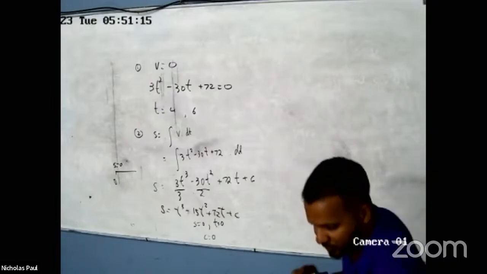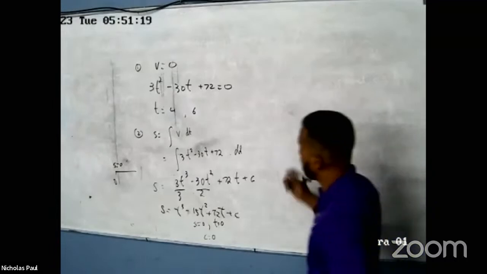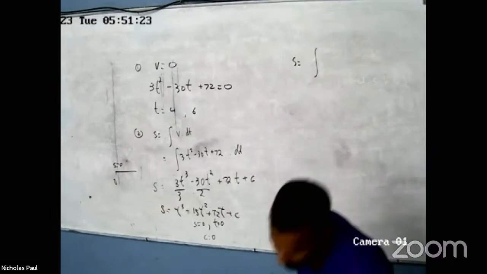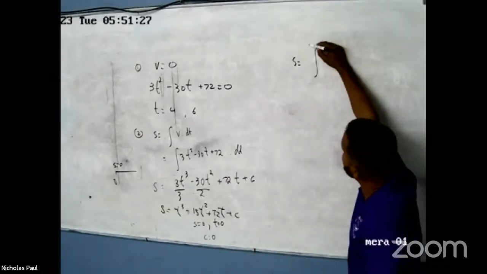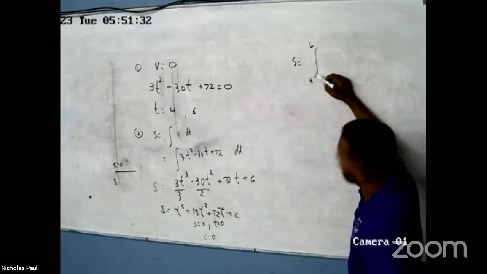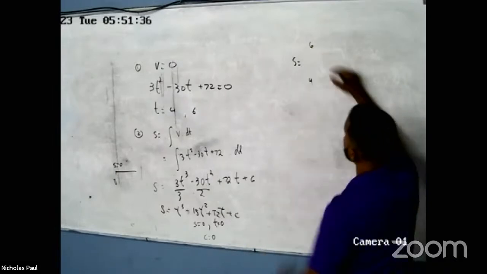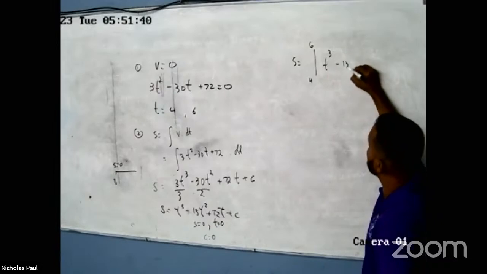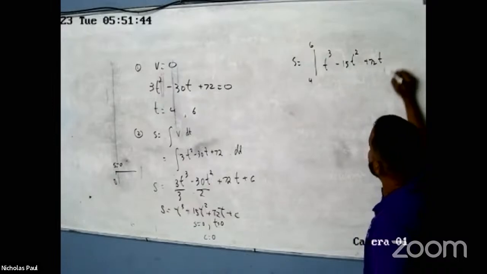Then let's finish it up. What they asked for is s between those two values, between being at rest. So it's between t is 6 and t is 4. Sorry, we don't have to integrate because we integrated already. So between t is 6 and 4, we plug in t cubed minus 15t squared plus 72t.